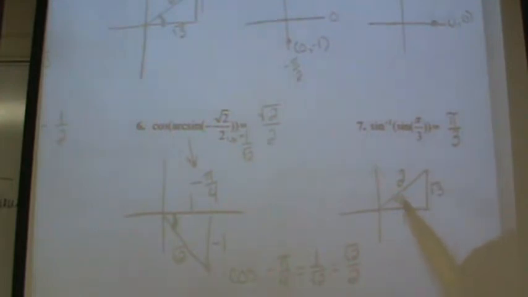So we find that sine of pi over 3 is root 3 over 2. So then we're going to take the inverse sine of root 3 over 2, and that gives us back that pi over 3. Because you're looking for which angle gives you an opposite of root 3 and a hypotenuse of 2.